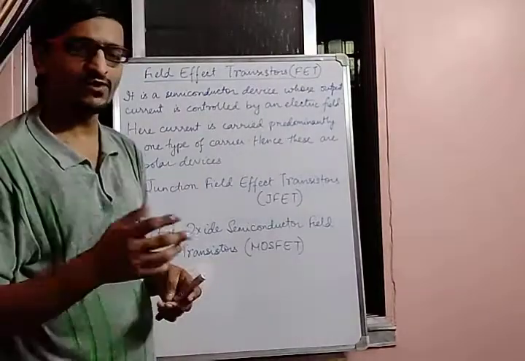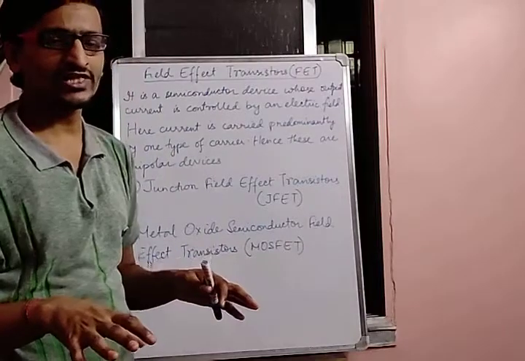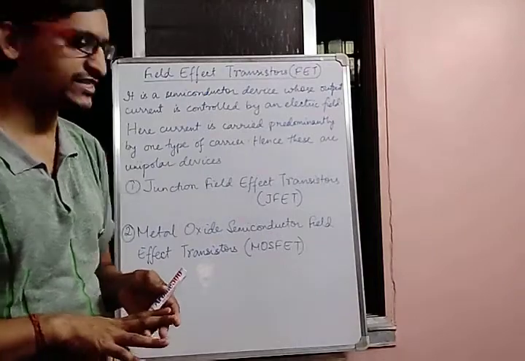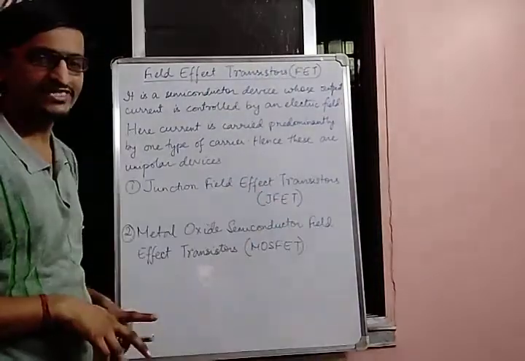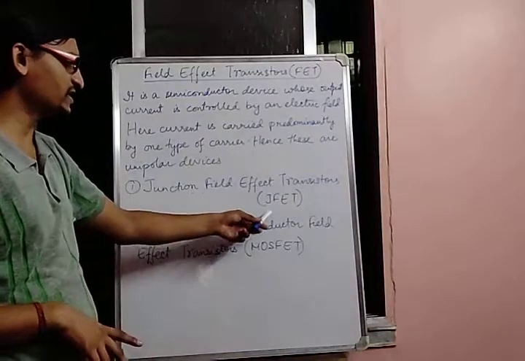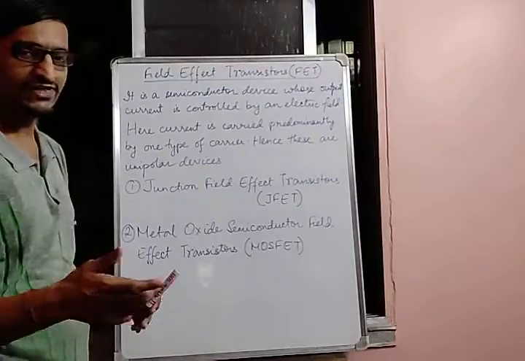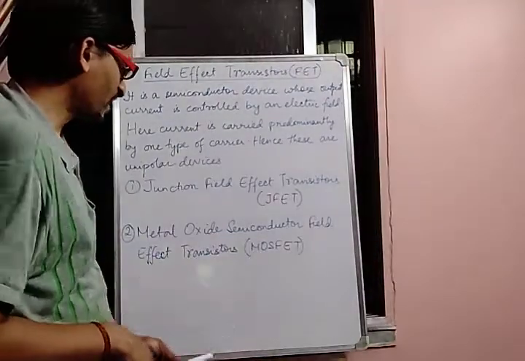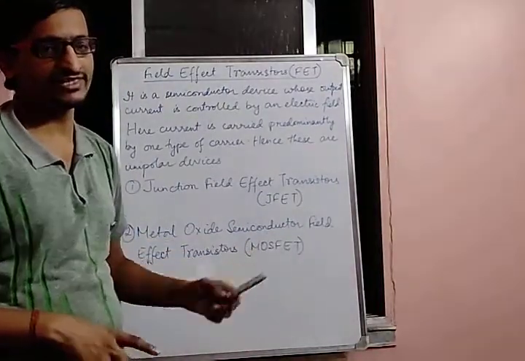These are the two major differences between a field effect transistor and a BJT. Although there are various forms of field effect transistors in the market, in this class we will mainly concentrate on two types. The first one is the junction field effect transistor, or simply JFET. J stands for junction and FET stands for field effect transistor. Another type is the MOSFET, a very important one, whose full form is metal oxide semiconductor field effect transistor.